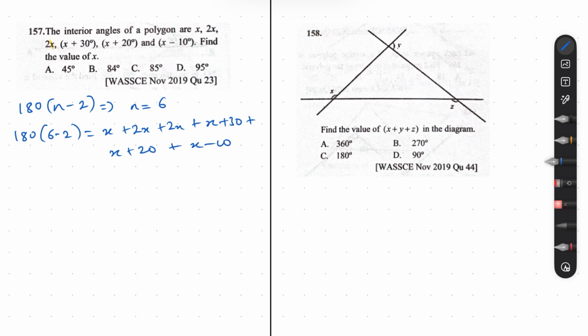So we have x, 2x, 3x, 5x, 6x, 7x, 8x. So we have 8x. Then what else? You have 13, 20, 50. So we have 40, plus 40.